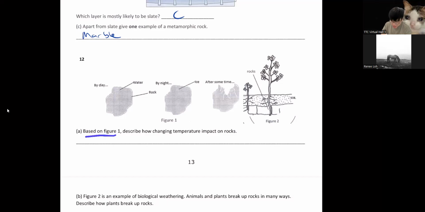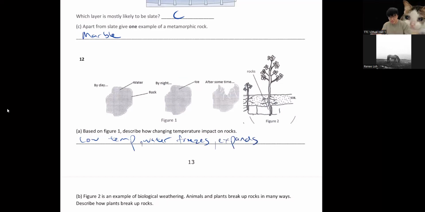So based on figure 1, describe how changing temperature impacts on rock. So how does this impact? At low temperature, water freezes into ice, so it expands.